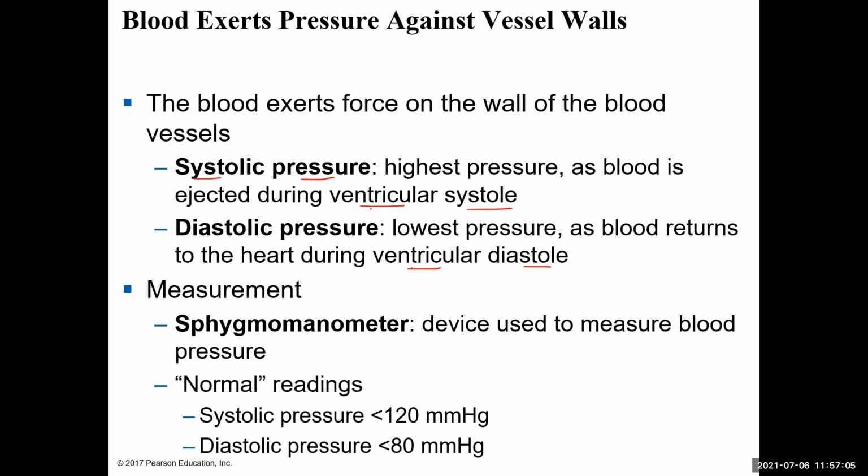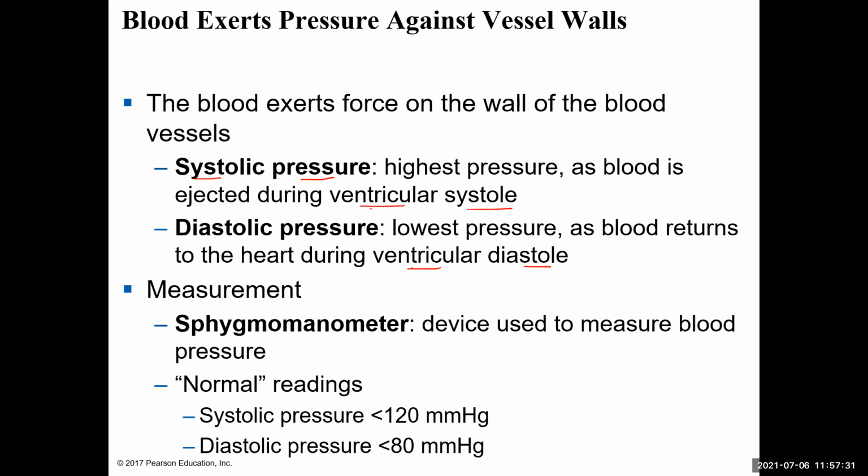Okay? And so we can measure the pressure at these two instances using a sphygmomanometer, and that sphygmomanometer will measure the pressure during contraction and relaxation. And we can use a stethoscope to hear when those specific pressures are happening.